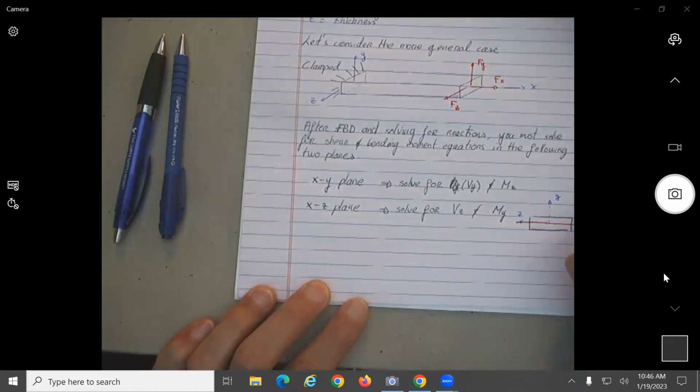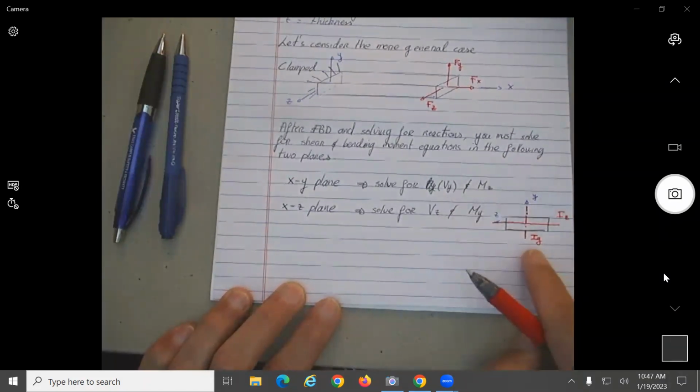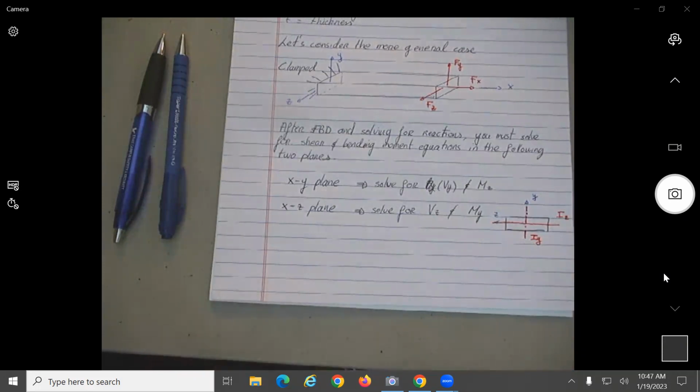This would be I sub Z. And this will be I sub Y. So I sub Z would be the bending up and down. Okay, resistance to the bending up and down will be the Y. Resistance back and forth will be about the, sorry, other way around. No, it's correct. Will be the Y. Yes? One of them is resistant to this type of bending, the other resistant to that type of bending.